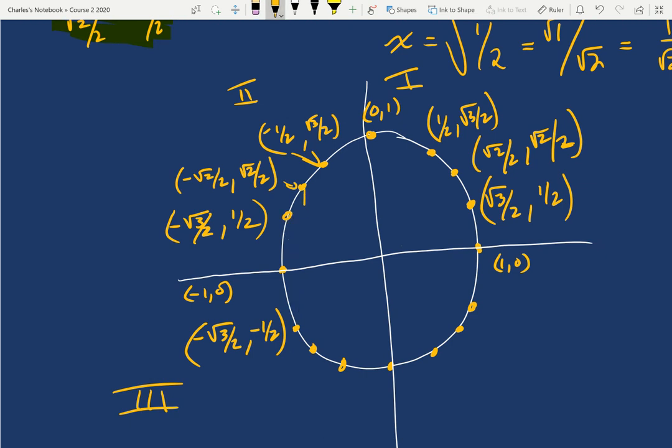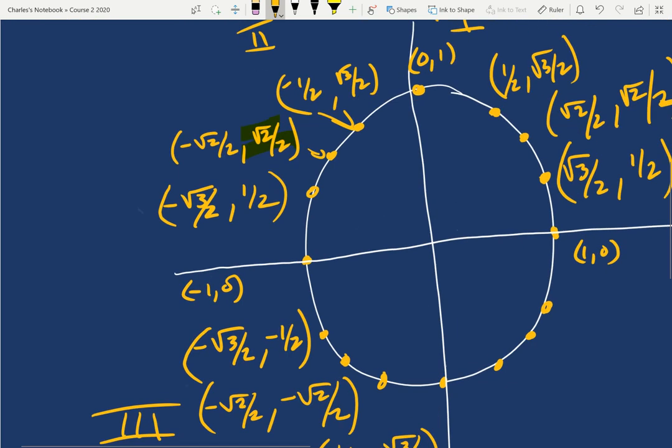If I look at this point right here, it's going to be negative root 2 over 2, comma, and then I'm just going to take the opposite of that one, so negative root 2 over 2. And then same thing for this point right here: negative 1/2, comma negative root 3 over 2.